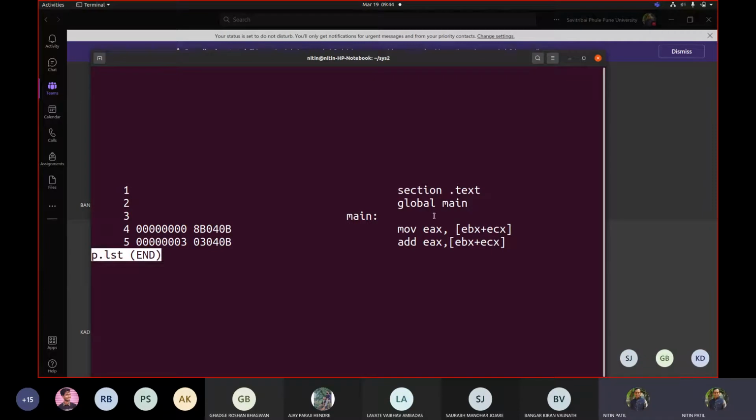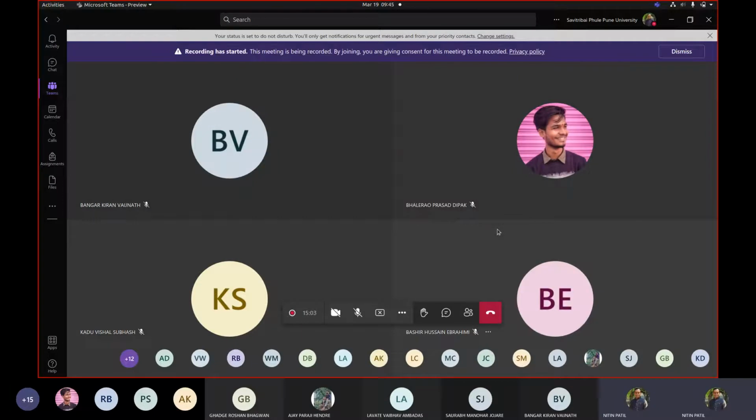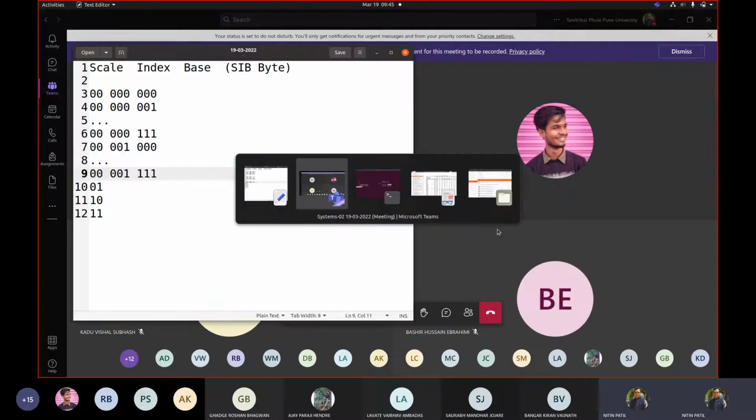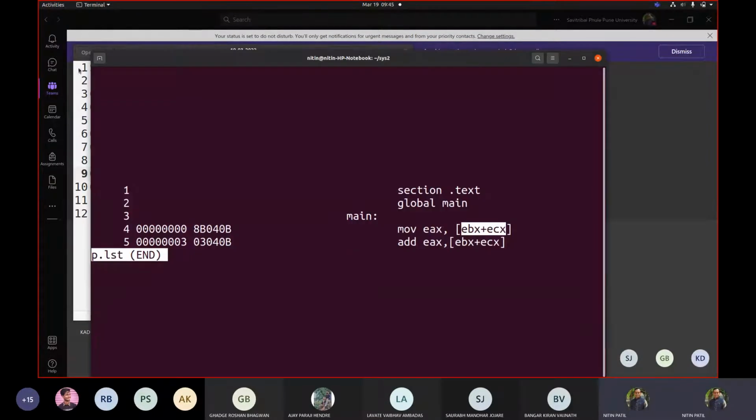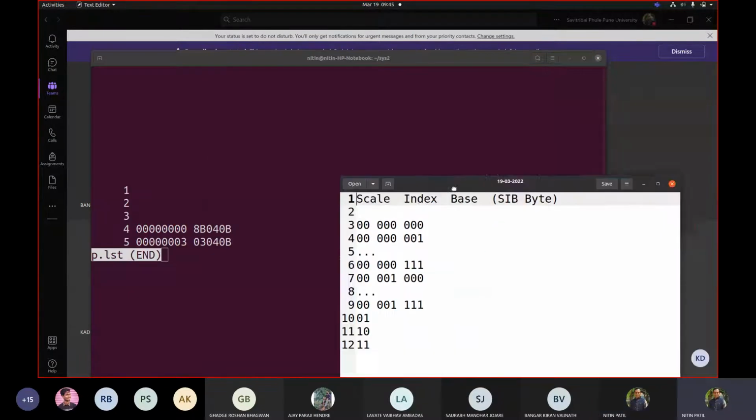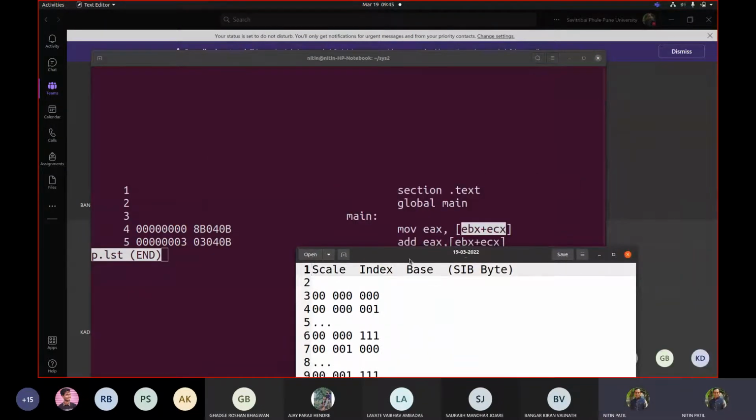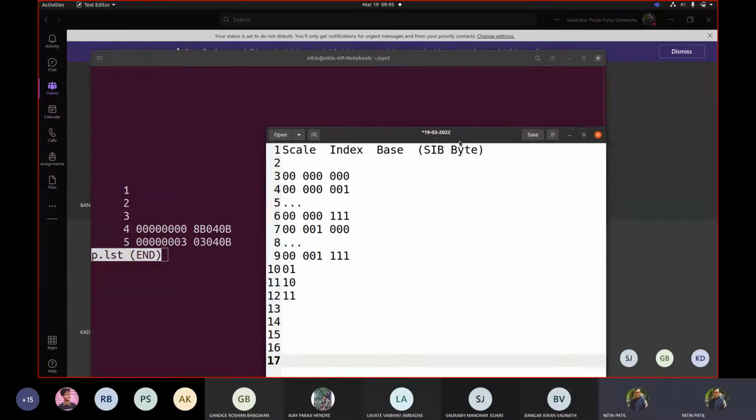EBX plus ECX. Now, do I have any multiplicative factor for ECX? Right now, no. So it is assumed that it is multiplied by 1. So let us go here to our window, and this was our earlier case. So let me take 0B.